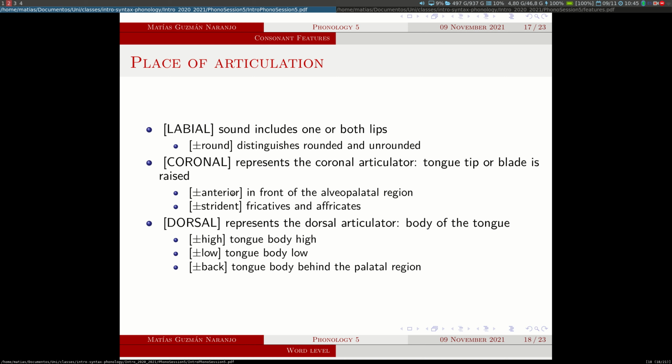So if something's anterior, that means that it's in front, meaning it's in the alveolar-palatal region, and something's strident, that's for fricatives and affricates. Then you have dorsal features. This is the body of the tongue, and you can say that it's either high, low, or back.